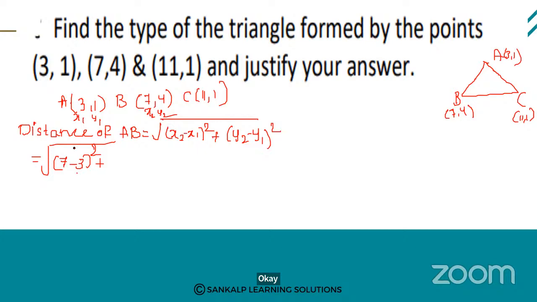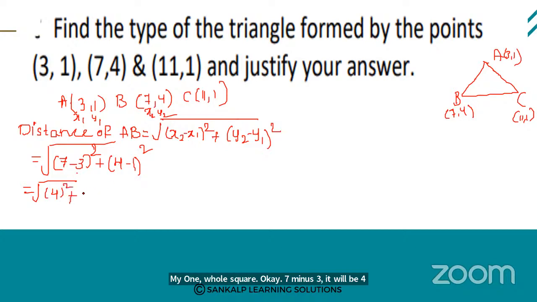I will say it again. 7 minus 3 is square. y2 is 4 minus y1 is 1, whole square. 7 minus 3, it will be 4 square, plus 4 minus 1, it is 3 square. Now 4 square is 16 plus 3 square is 9.